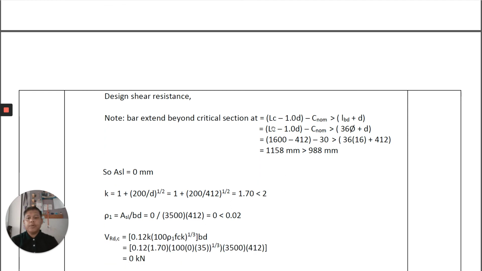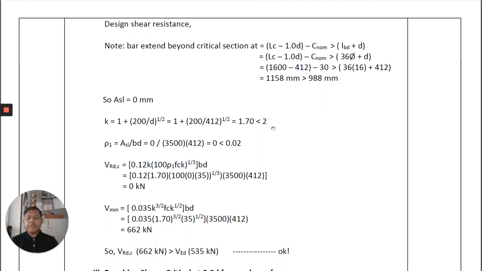And then you have to calculate the design shear resistance. The first one, you have to determine whether we have to extend the bar beyond the critical section, because we need to know whether we need to extend the reinforcement in order to cater for this vertical shear or not. So we have to check this bar extension at the critical section condition. If, let's say, the LC over 1D minus C nominal is more than LBD plus D, okay, therefore no need for us to have the extension.